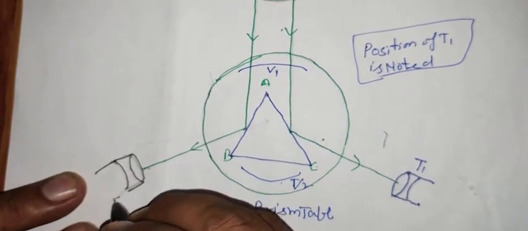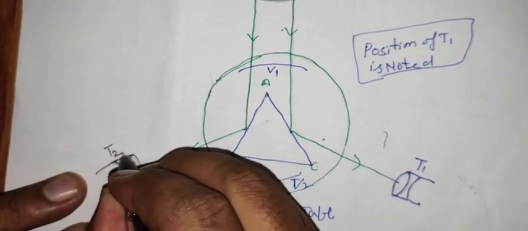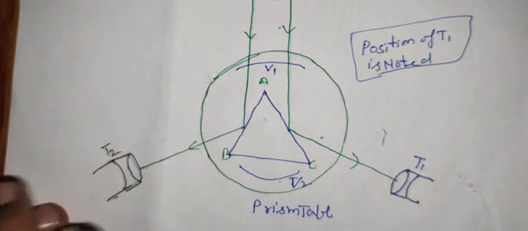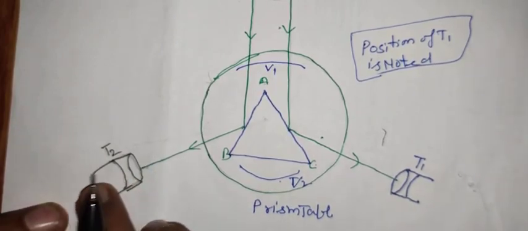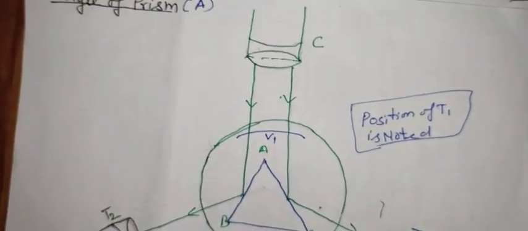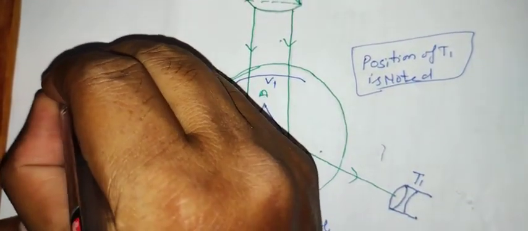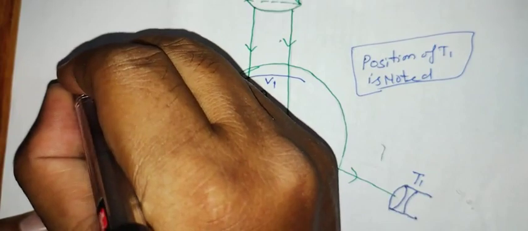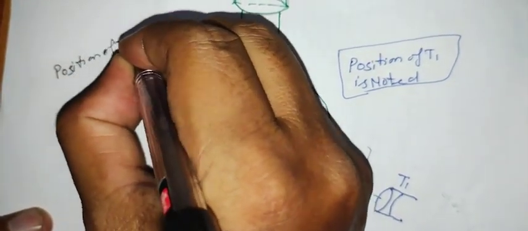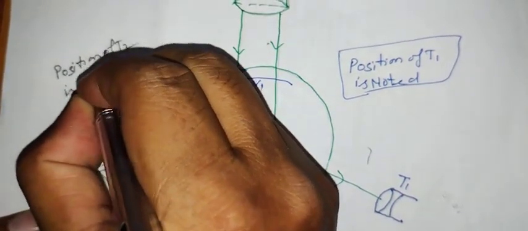The position of the telescope, T2, is represented here, and the same work is done. An adjusted, clear-cut image of the slit is viewed through it, and then again the position T2 is noted.